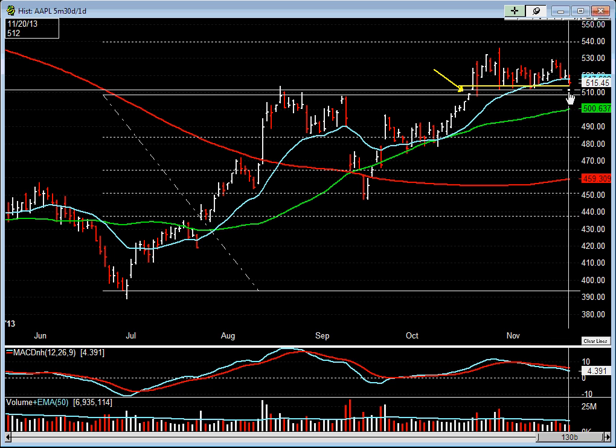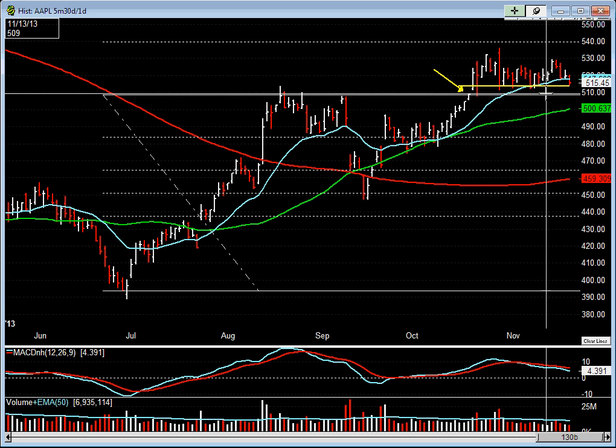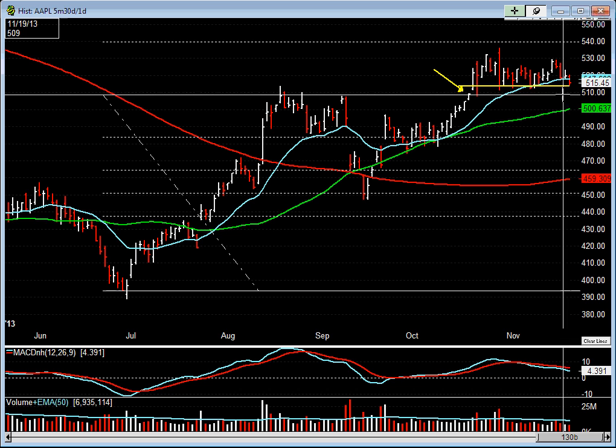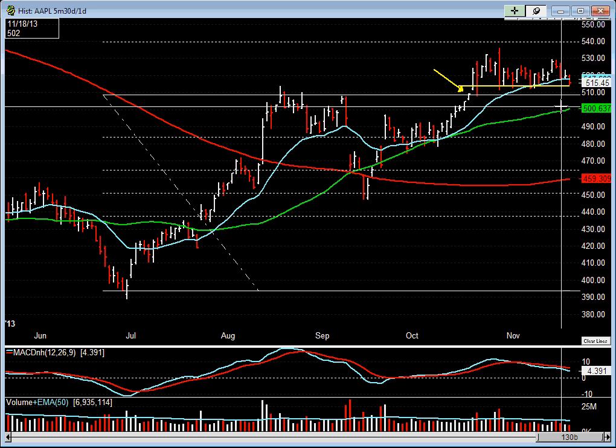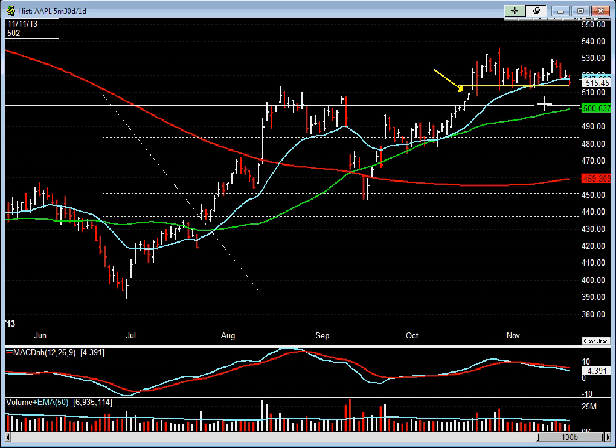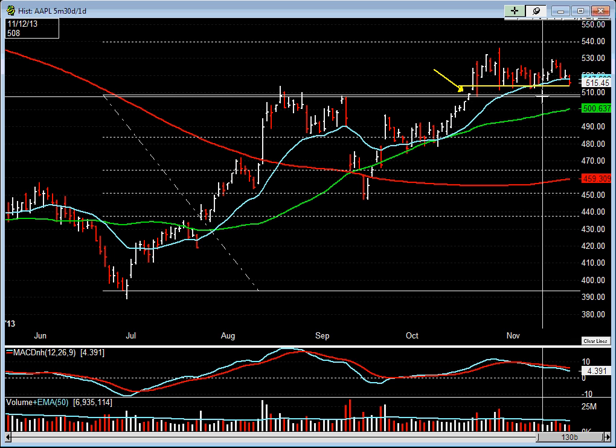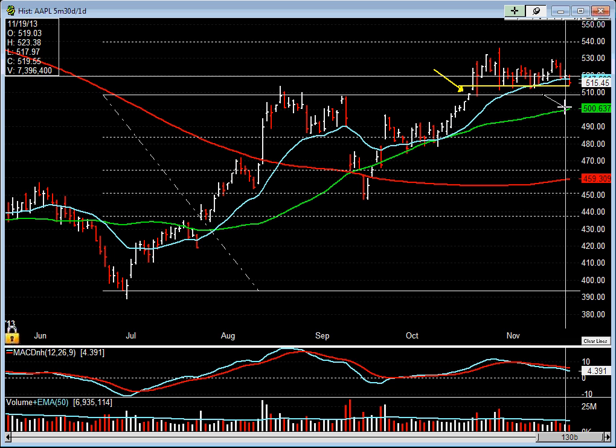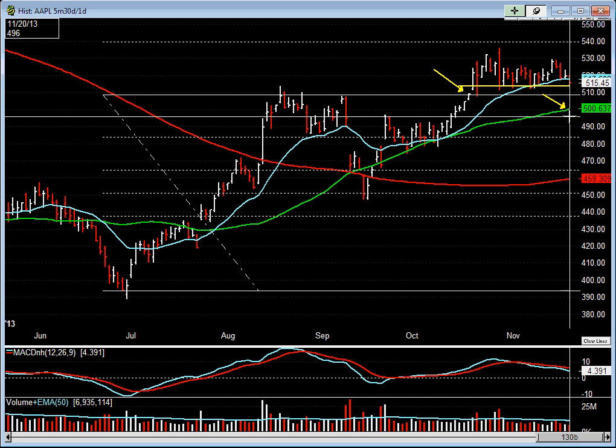And if we don't see buyers stepping in at this level, in other words, see a bounce up here, then we'd probably be looking at Apple possibly coming down to test this 50-day moving average somewhere around this 500 level.